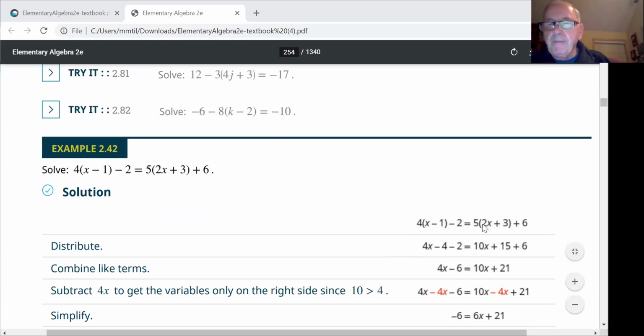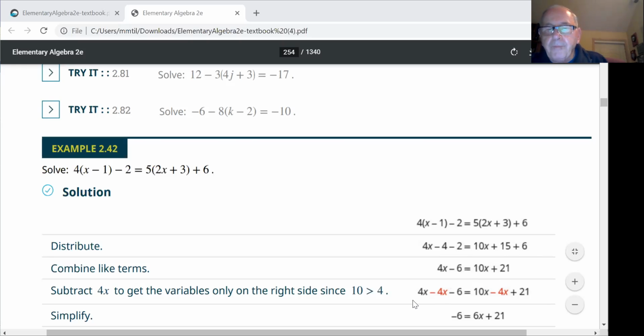Do it on the right side, we get 10x plus 15 plus 6. Now we collect the like terms. On the left side, we're going to collect that negative 4 and that negative 2 to make it negative 6. On the right-hand side, we're going to add plus 15 to plus 6 to get 21.